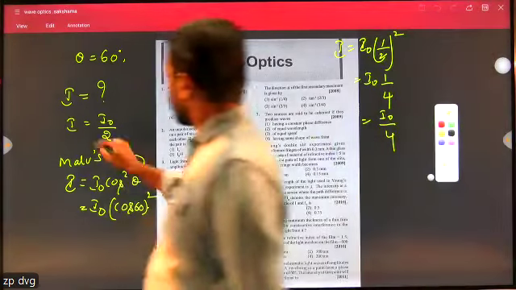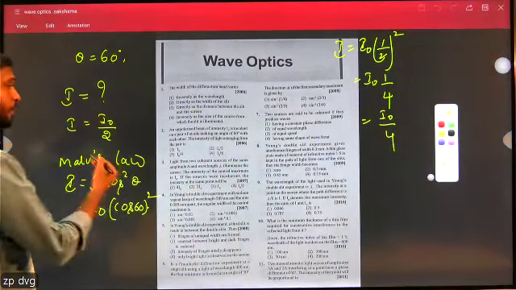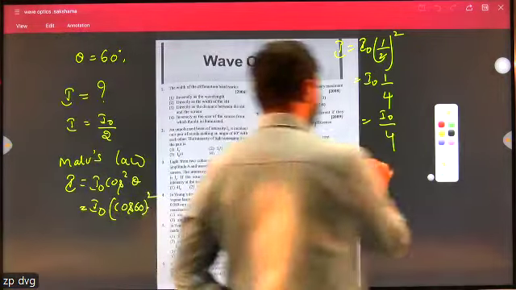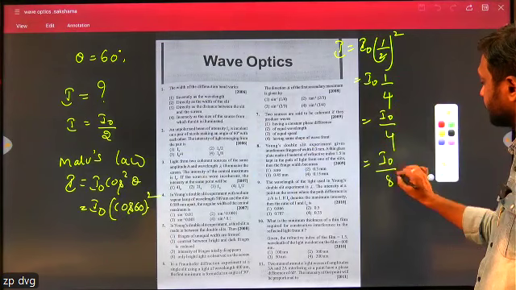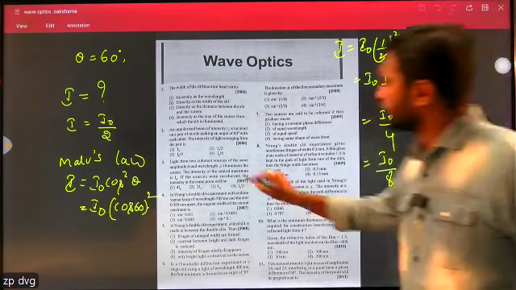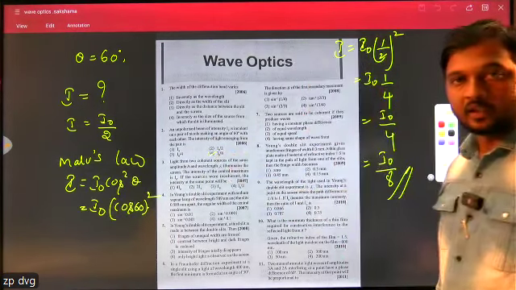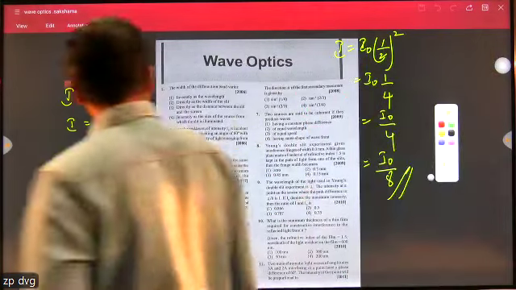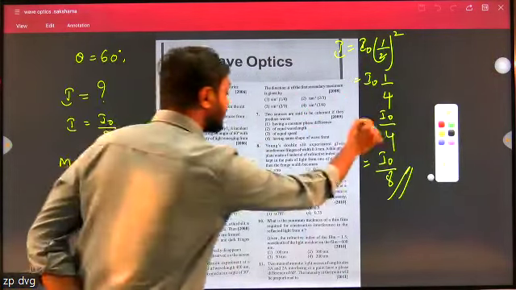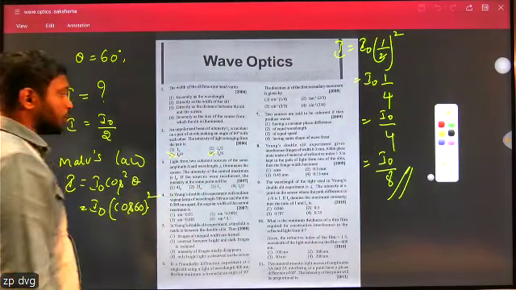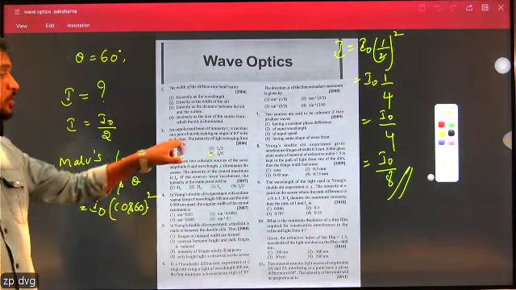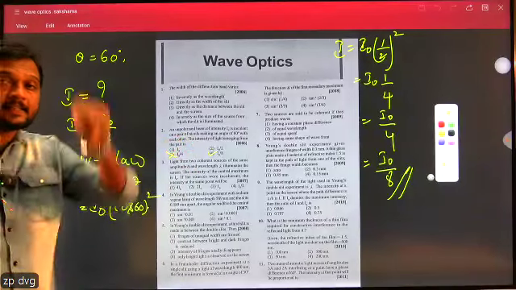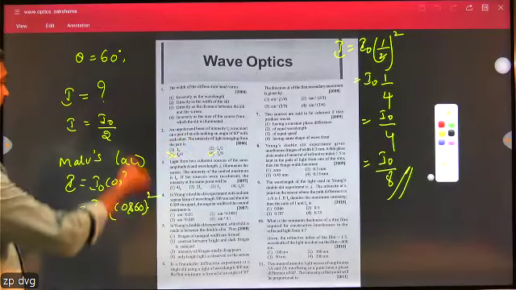But here, after the intensity is reduced to I naught by 2, it becomes I naught by 2 times 1 by 4, which is I naught by 8. So the option is 4, that is I naught by 8, not I naught by 4. When an unpolarized beam comes out of the first prism, its intensity is reduced to I naught by 2.